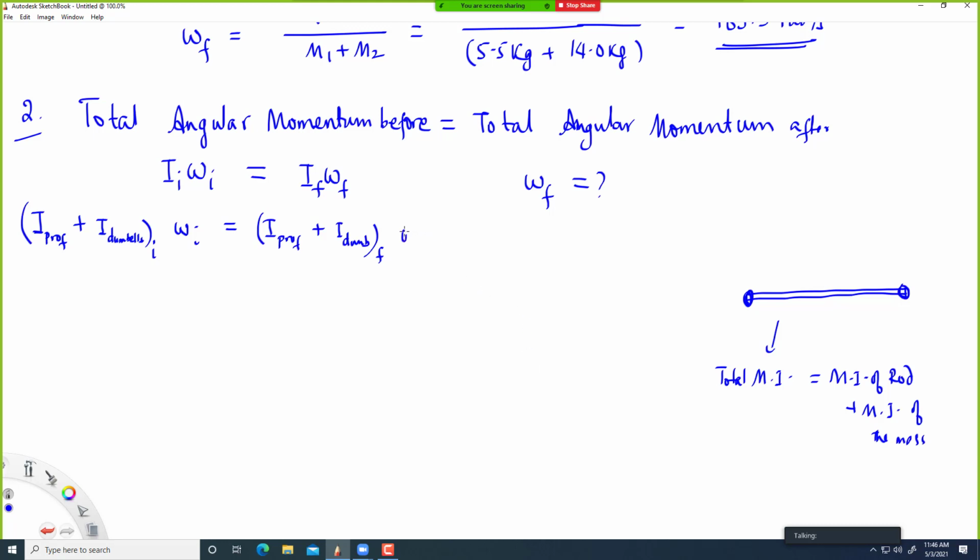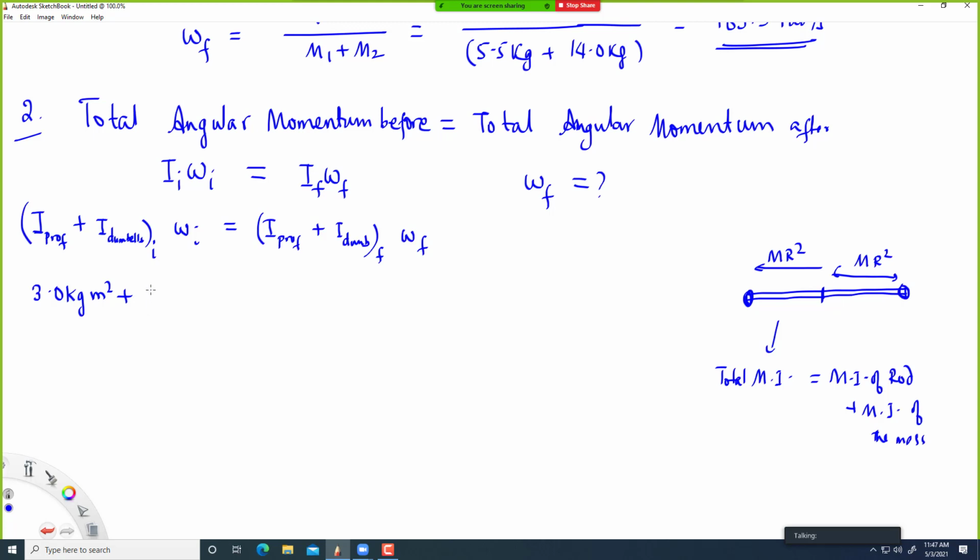Omega F. So for the stretched arms, I of professor is, what's that? 3, yeah. So this is 3 kilogram meter squared, and I of dumbbell. The moment of inertia of each dumbbell is m times r squared. That's the moment of inertia for a dumbbell.